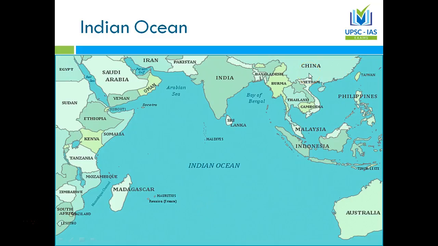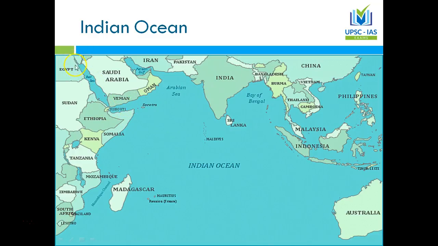Now we know that China is producing all the goods, all the electronic products and other products for the world. It is also known as the manufacturing hub of the world at the moment, and India is trying to capture that market as well. So all the goods that are produced in China travel from this part. They enter the Strait of Malacca and then reach India or other parts of Africa. And if it wants to go to Europe, then it also has to go through this route from here, from this Bab al-Mandeb.